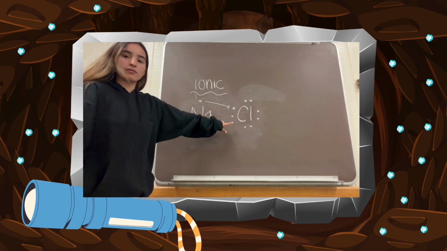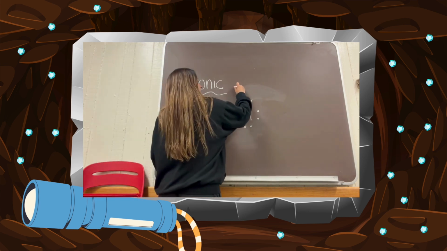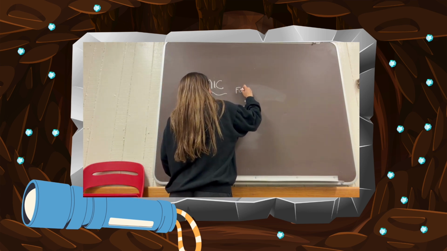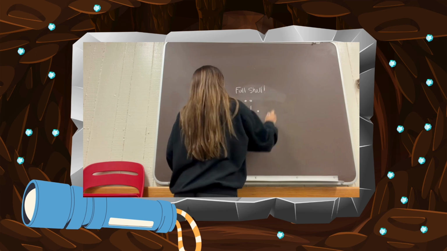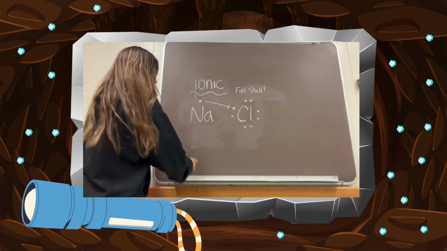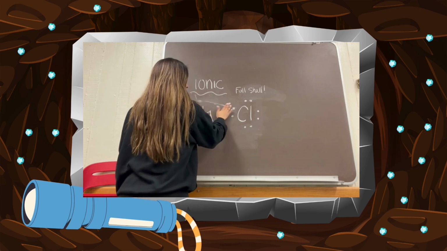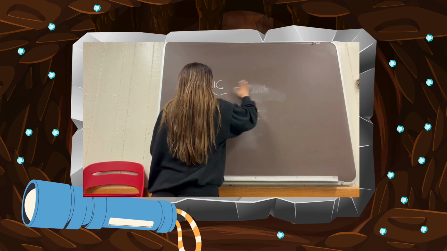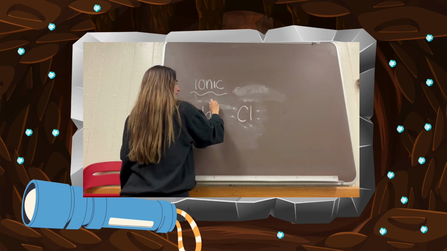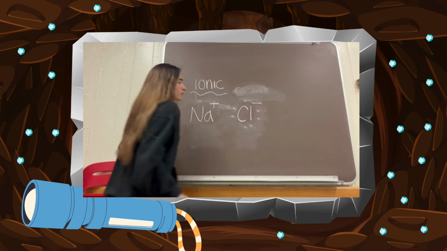Then chloride will have a full shell, and sodium will also have a full shell. So then the sodium will be a positive charge and the chloride will be a negative charge. And this is because the sodium lost an electron and the chloride gained an electron.